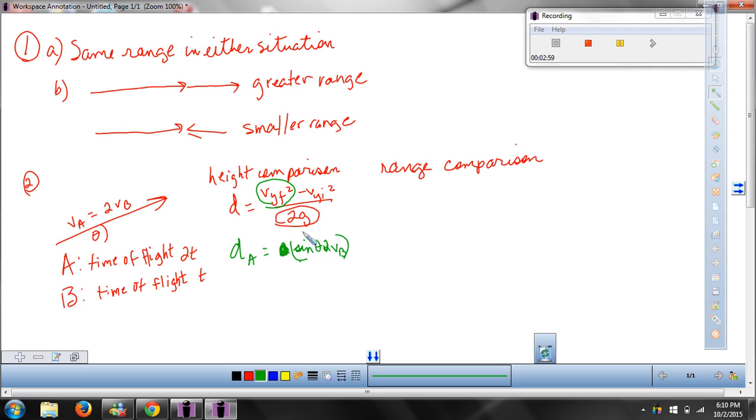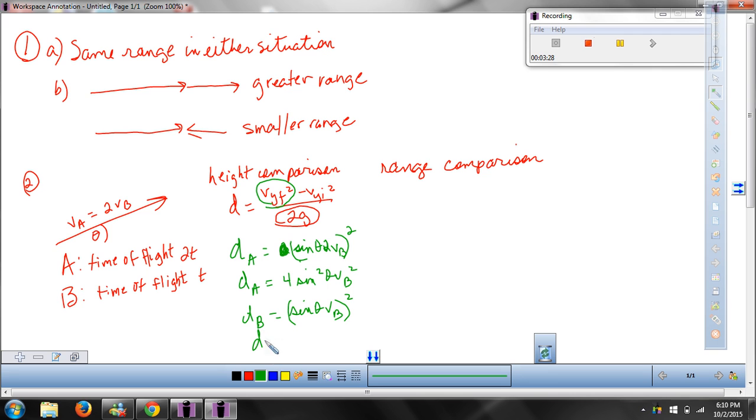So when I do that, don't forget you got to square it. So dA is going to be 4 sine squared theta VB squared, and dB is going to be the exact same thing. It'll be dyi, which is the sine of theta VB. And I'm going to square that.